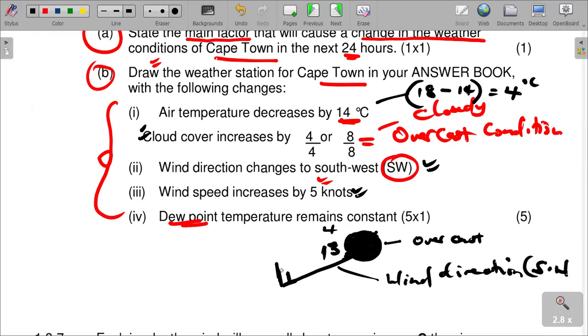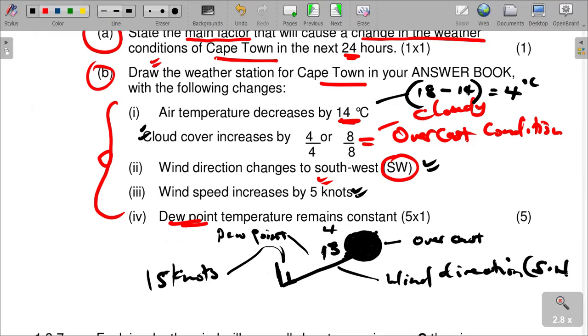So we now have our wind speed at 15 knots, from 10. And then our dew point remains constant, which is given there.